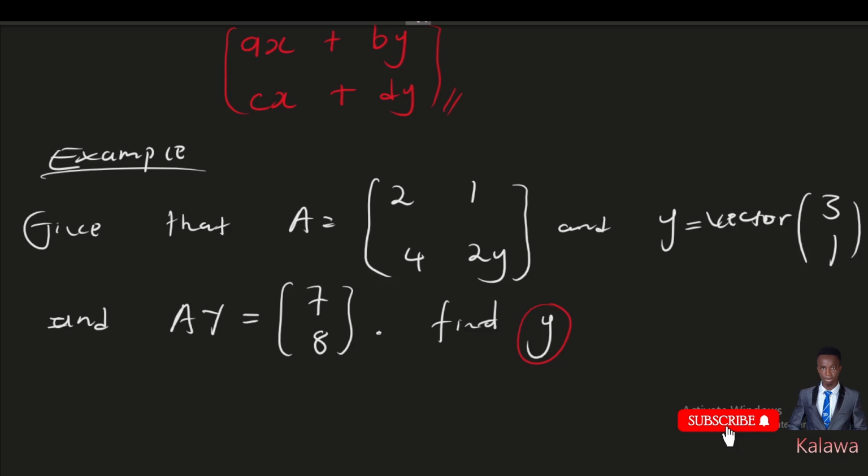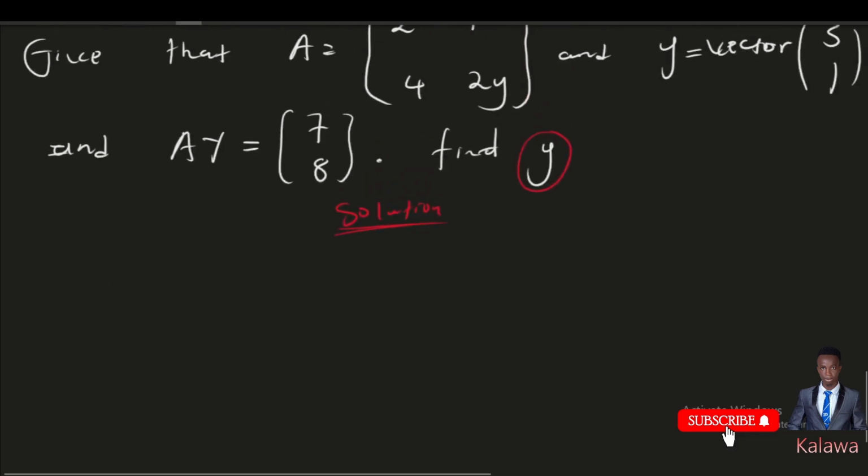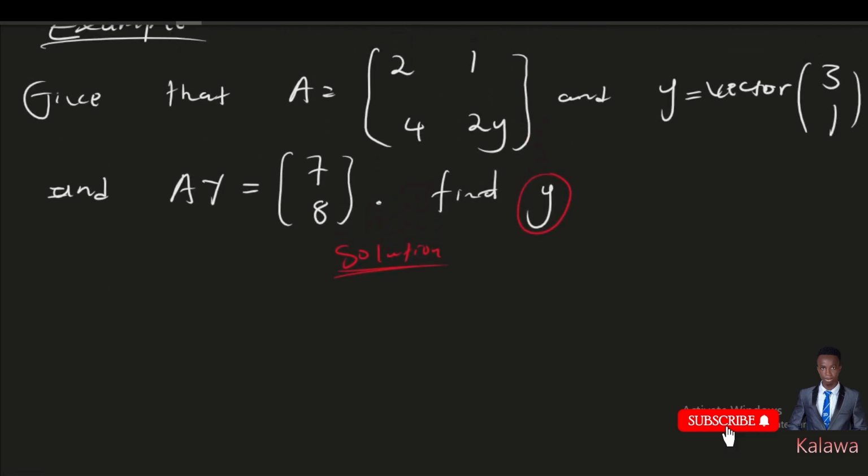So we go to the solution. Remember, this is the form. So now let's set it up. What is A? A is (2, 1, 4, 2y). This is matrix A. What is Y?